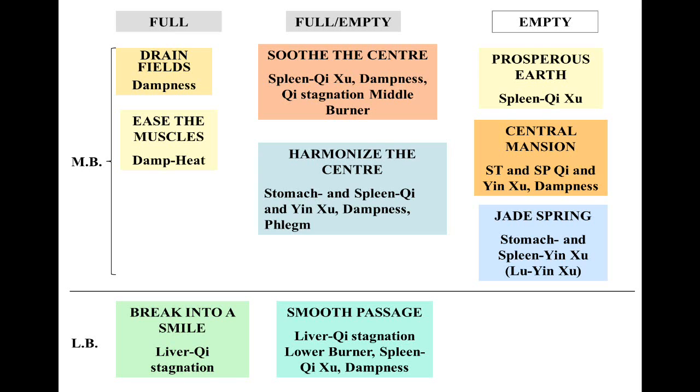I think it's a very useful diagram to keep clearly in mind the categorization between full, empty, and full-empty, and the categorization according to middle burner or lower burner for choosing a remedy.